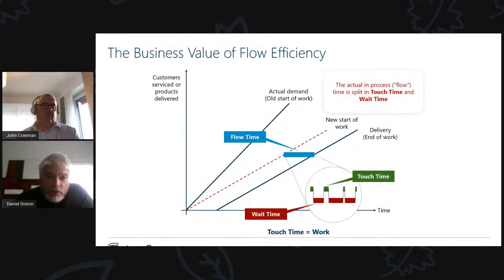So with my delivery line and my new start of work, I got a flow time here, right? You see my flow time, it's there. And it's made of a little bit of touch time and a lot of wait time. So that's a bit of a problem. So what can we do to really get better?